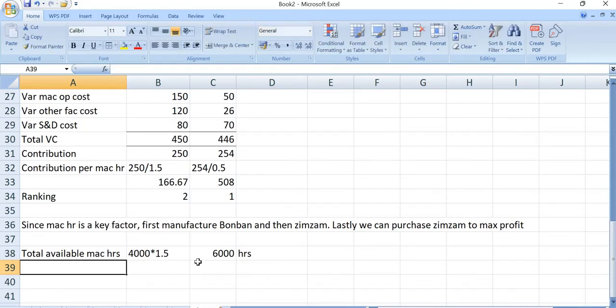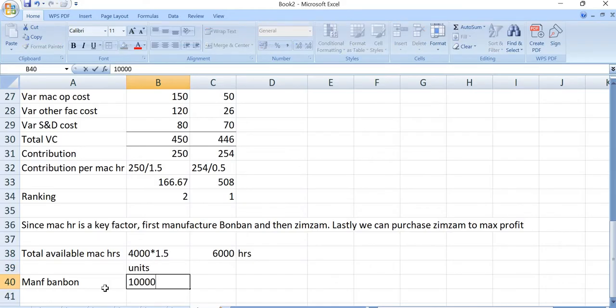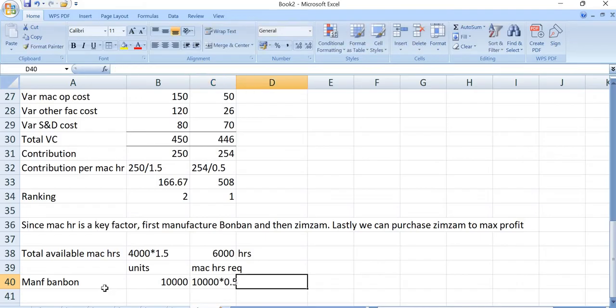Based on 6,000 hours, I am first going to manufacture bonbon, right? How many units can we manufacture? 10,000 units. So machine hours required for this is 10,000 into 0.5, that means 5,000 hours will be spent. We only have 6,000 hours, right?